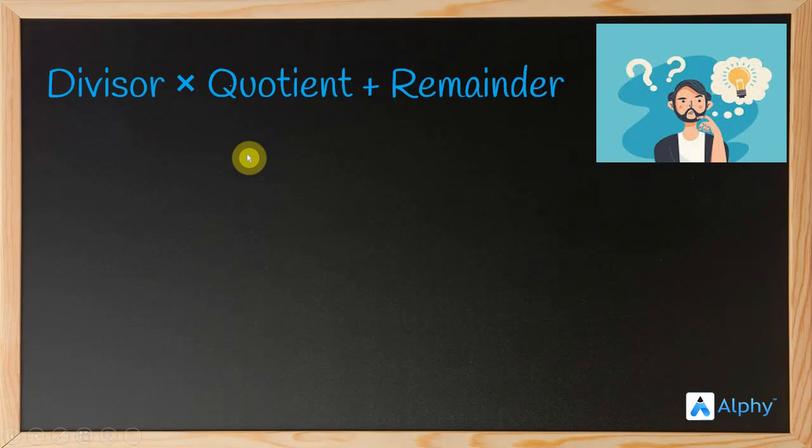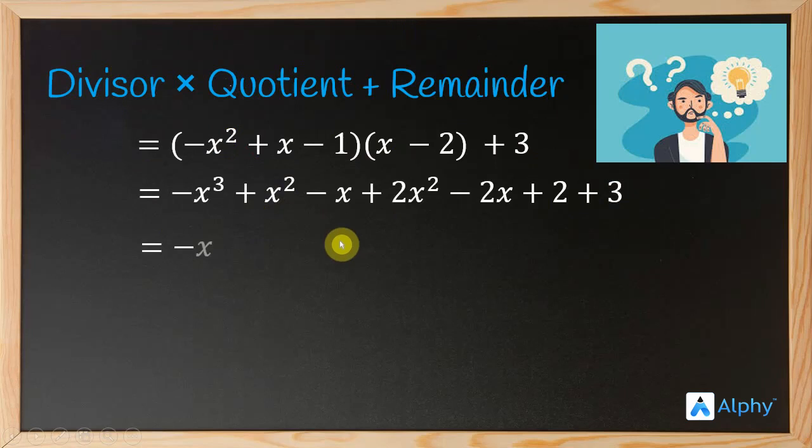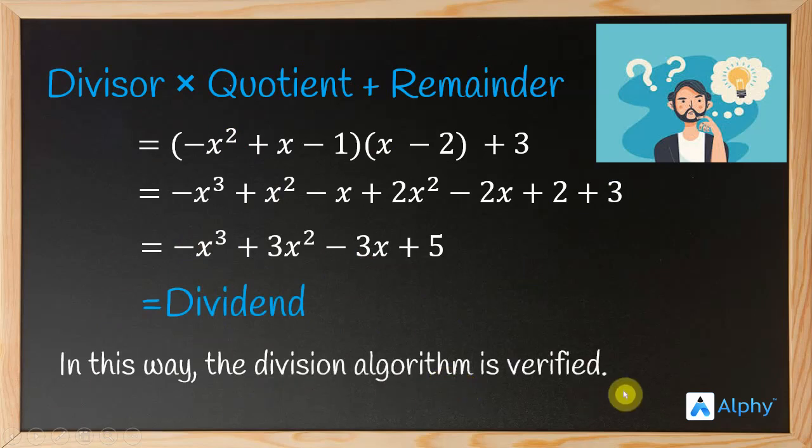So this is the divisor, this is the quotient, and this is the remainder. And when we simplify these, finally we get −x³ + 3x² − 3x + 5, which is the dividend, and in this way the division algorithm is verified.